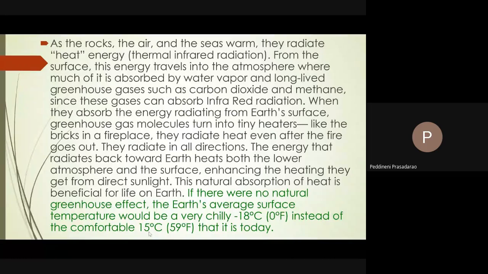So the greenhouse effect is beneficial, provided it is happening naturally. If there is no intervention from the human race, then definitely this greenhouse effect is beneficial to the life systems present on Earth, or for the ecology of the Earth.